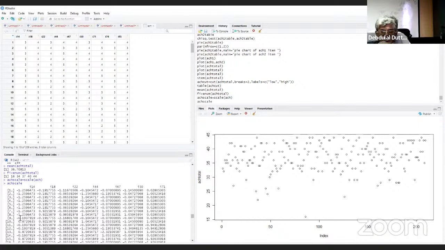For the 9 items, these are the raw scores. So the command we use for transforming raw scores into standard scores is scale. We don't have to do all the calculations like x minus m by sd. We can just write scale and put the vector, and we are good to go.